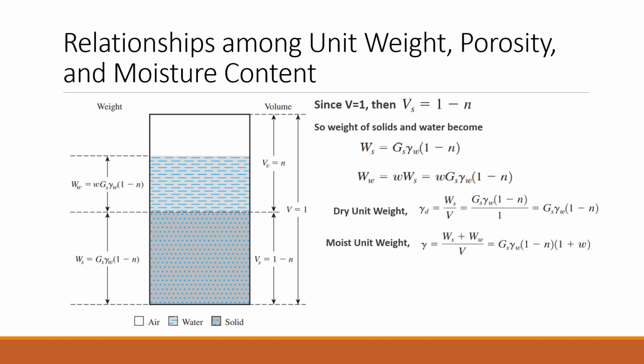So simplifying that through substituting the equation for our weight of solids and weight of water diri sa pinakauna nga discussion, we will come up with the formula for our moist unit weight in terms of porosity equal to the specific gravity of solids times the unit weight of water times 1 minus n times 1 plus moisture content.